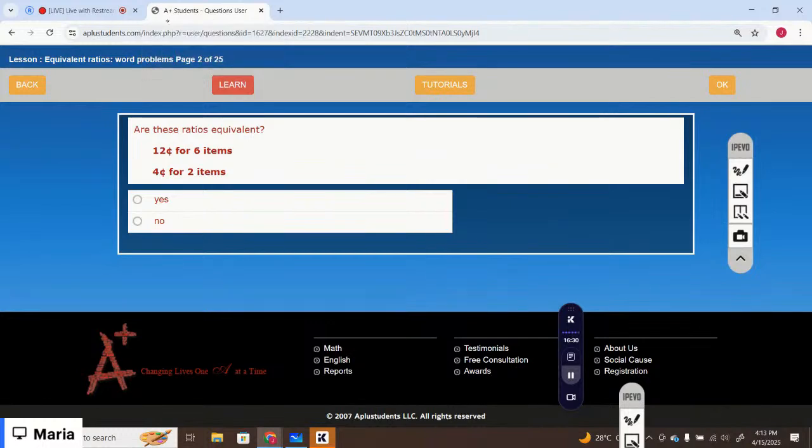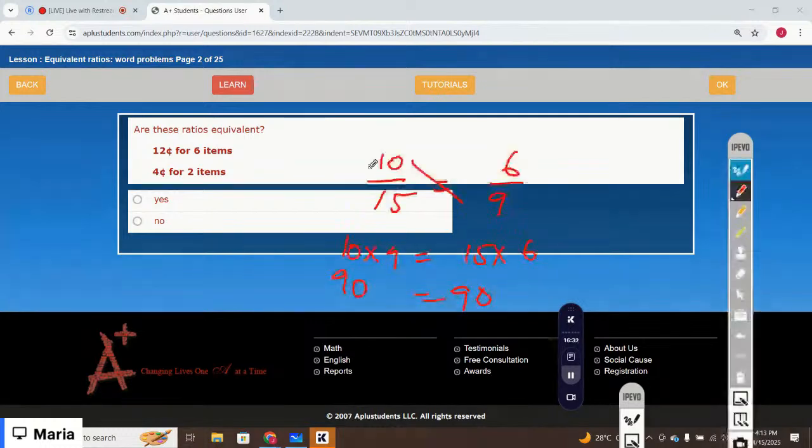Are these ratios equivalent? That is 12 cents for 6 times and 4 cents for 2 times.